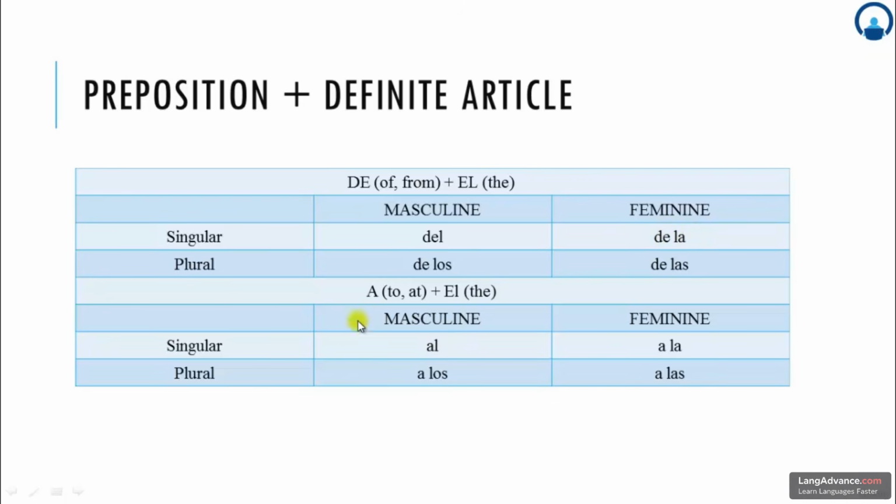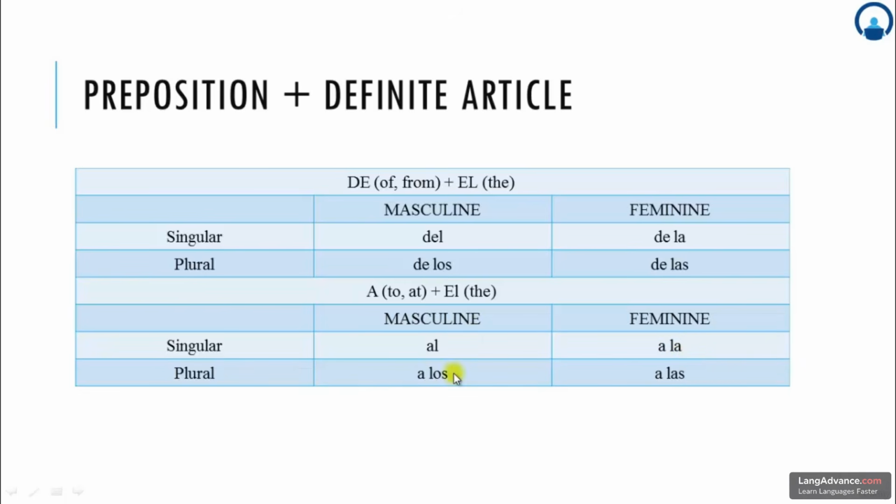Similarly, while using the preposition a, which means to or at, with the combination of the definite article, what we see is the table below. When singular and masculine, while using the preposition a and el, it combines together and forms a new word called al. When it is singular and feminine, it is separate and it is a la.